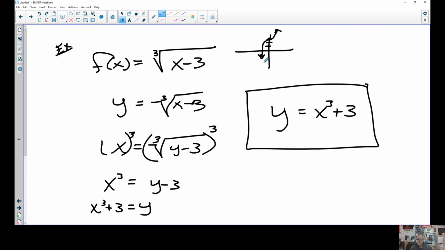And it does pass the vertical line test. The original function was doing this, right? That would have been f of x. This is f inverse of x. In this case, they are both functions. So this is a function.